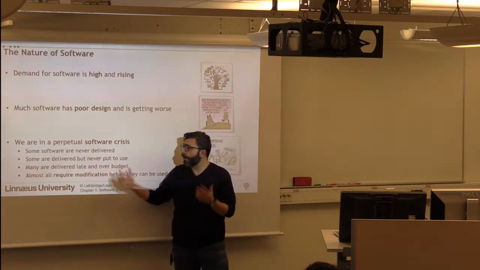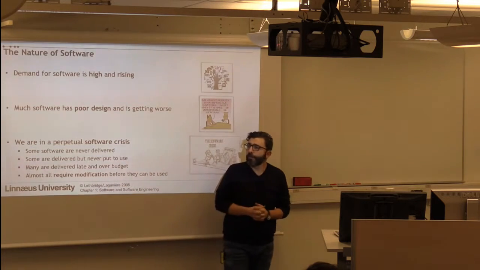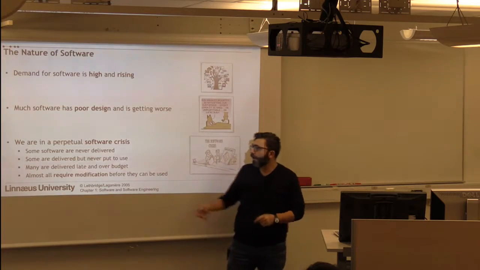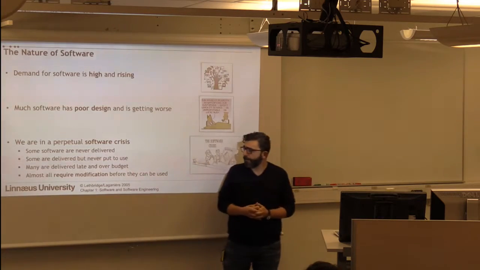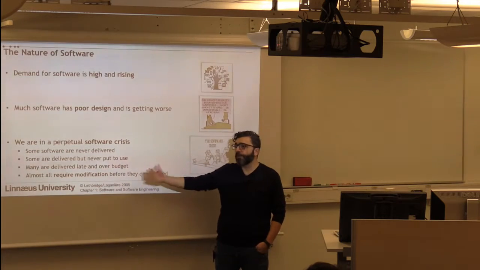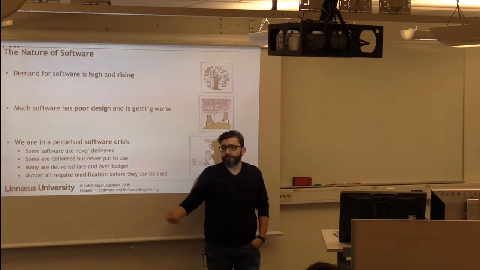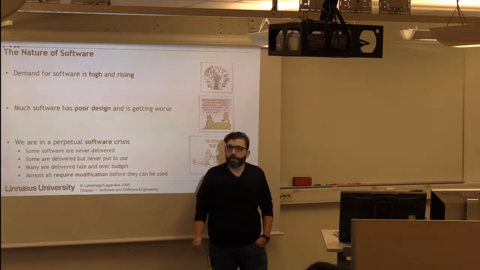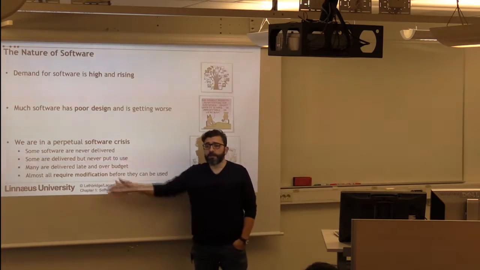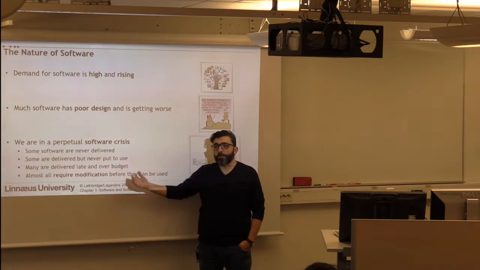Software that is delivered but never used. Software that is delivered late and over budget, and almost all of it requires modification after the release and before it can be used. That makes the maintenance phase very important.